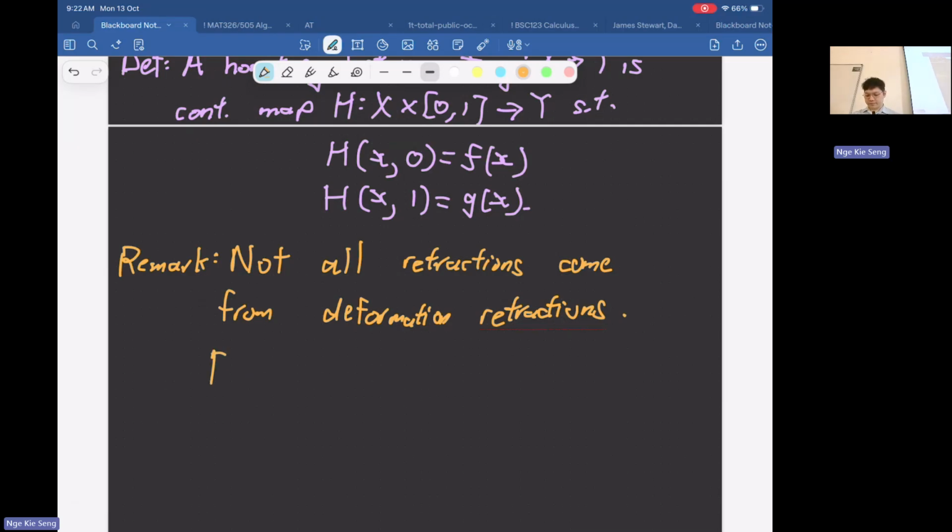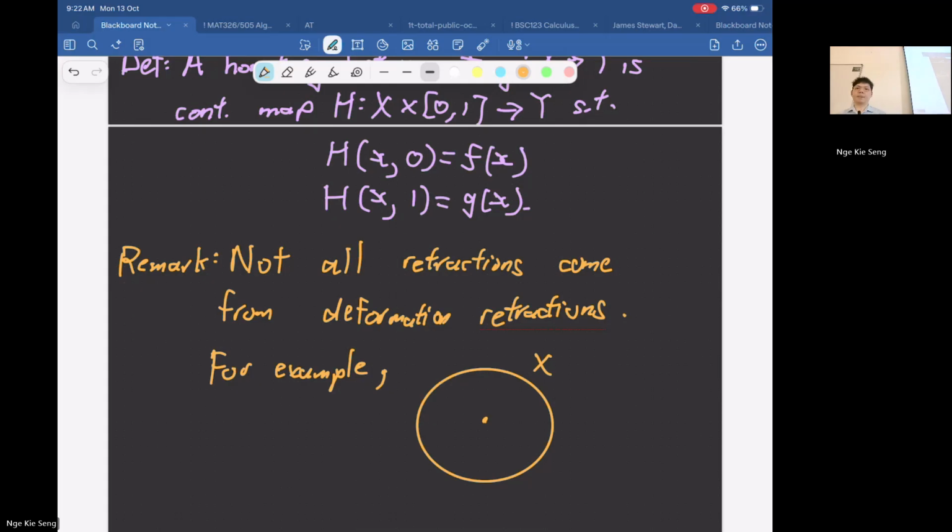For example, you just retract a space. Now this is not always true. Maybe with this picture it is true, but it's not always true.